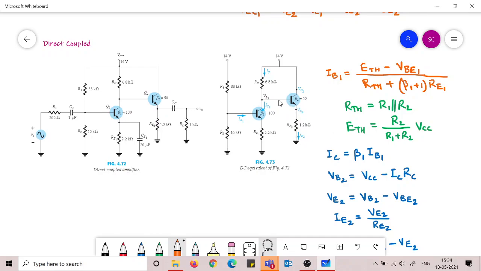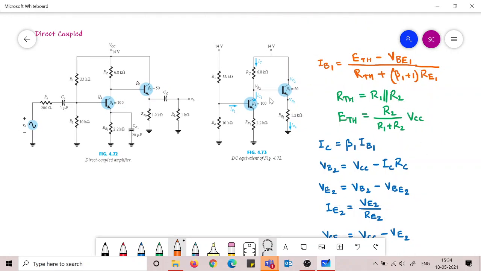And when you find out VB2, you can get IE2 also. You don't need to find out exactly what IB2 is in this case, because it is connected as a base bias in that form.